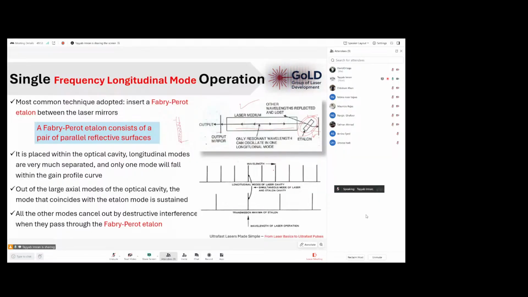Okay. So controlling the longitudinal modes is a bit tricky, but it is needed in the laser, especially whose gain is huge, and we don't need all the wavelengths at the output at all times.